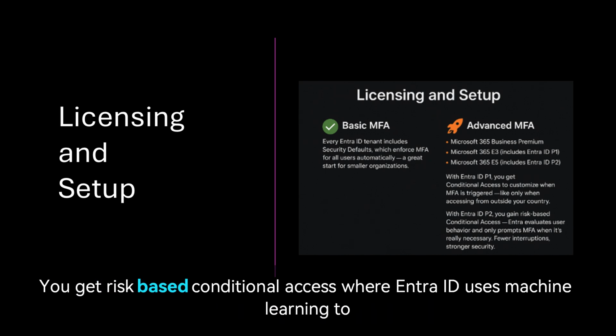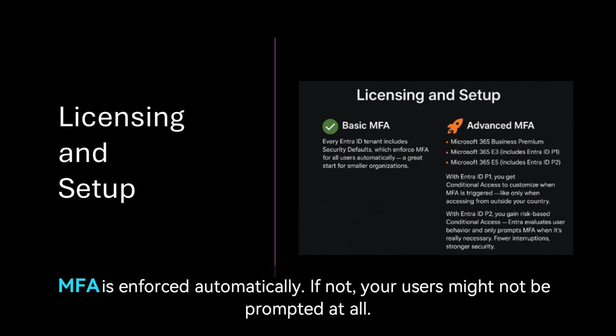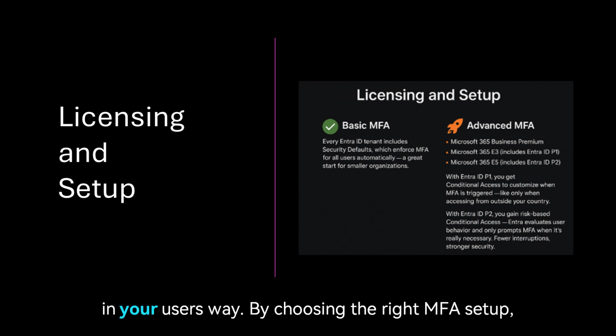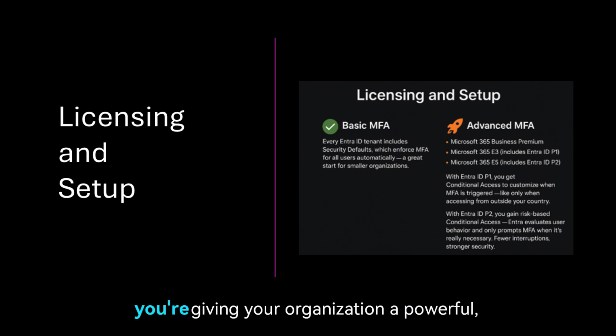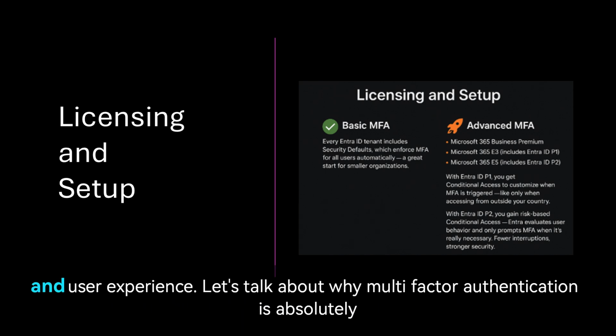You get risk-based conditional access, where Entra ID uses machine learning to evaluate sign-in behavior. If something looks risky, MFA is enforced automatically. If not, your users might not be prompted at all. It's smart, adaptive security that protects your environment without getting in your users' way. By choosing the right MFA setup, you're giving your organization a powerful, customizable security foundation, one that balances safety and user experience.